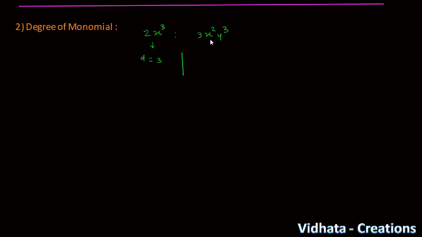In the second example, we have 3x square y raised to 3. If you observe this, there are two variables. So which degree do you have to take? The degree of x or of y?